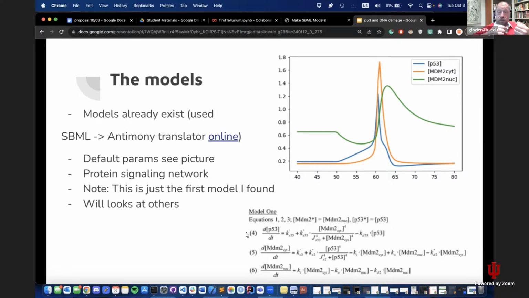But I need to convert that to the amount of material that is transported. And then since everything is written in terms of concentration, I have to turn it back into concentration. And so I have to do a bunch of multiplication of the volumes of my compartments. So those Ks have extra terms and have parentheses on them because the nucleus and the cytoplasm don't have the same volume. And this is correcting for the volume difference.